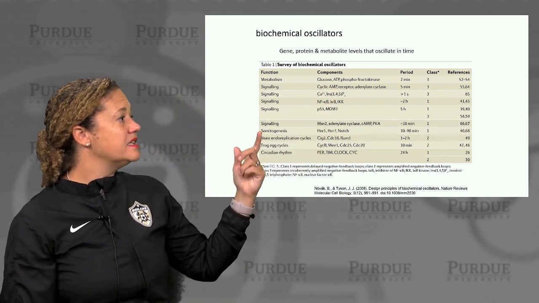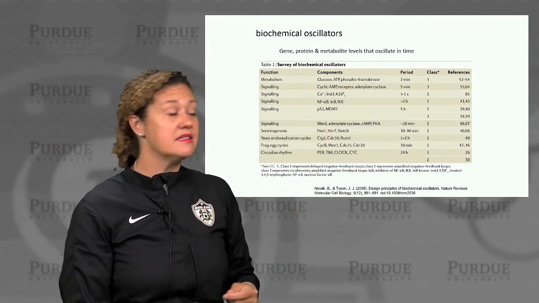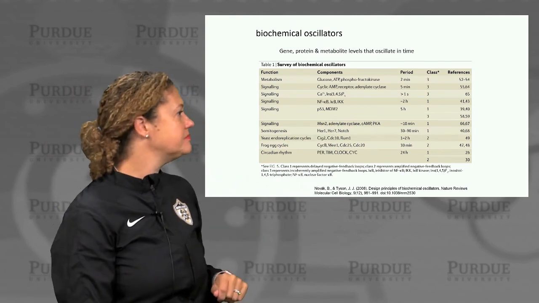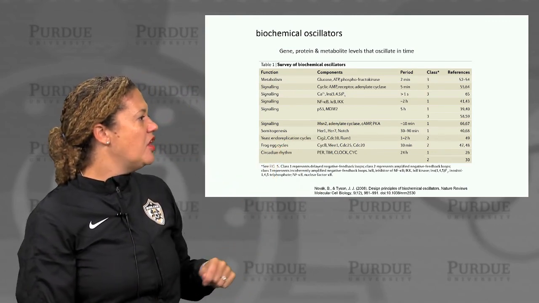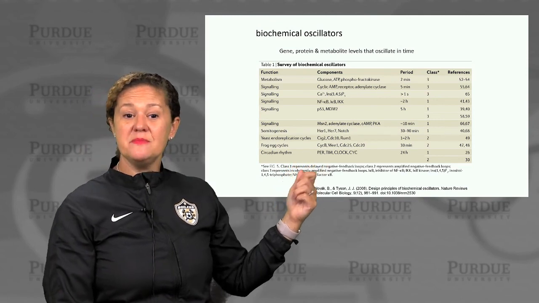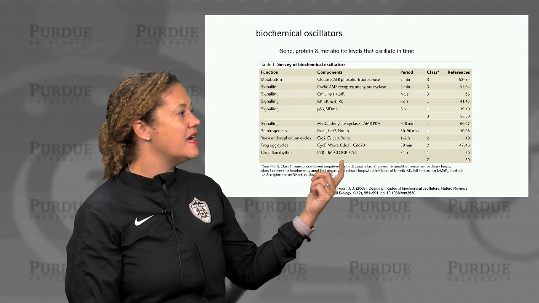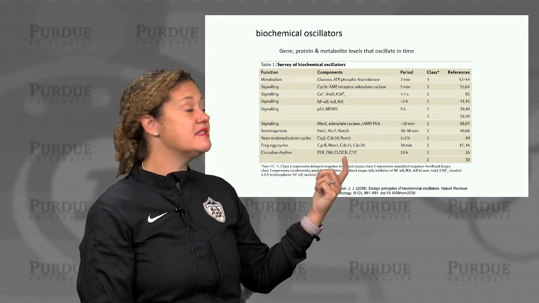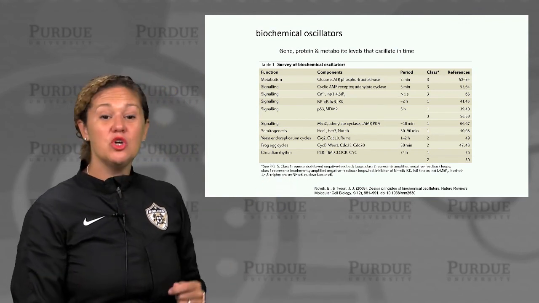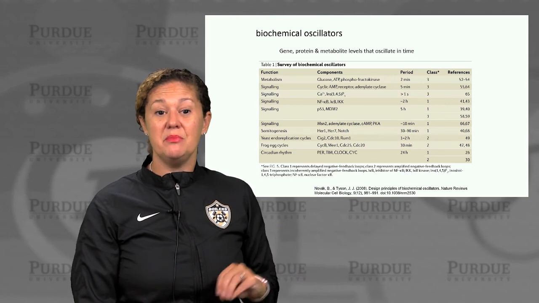There are many signaling oscillation systems, such as a very important one in cancer, the p53-MDM2 system, as well as others involved in cell cycles and circadian rhythms. This genetic oscillator of the period, timeless, and other protein genes such as clock and cycle are ones that we'll look at in our next lecture and dive into a little bit more deeply.